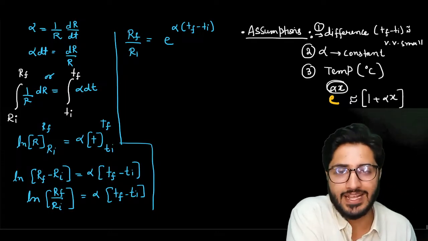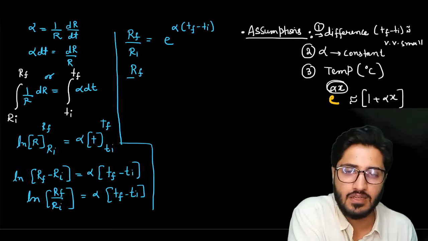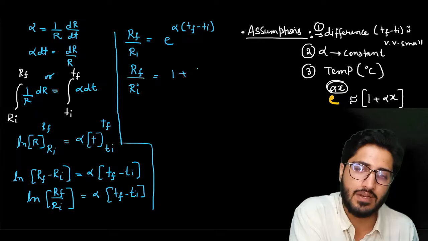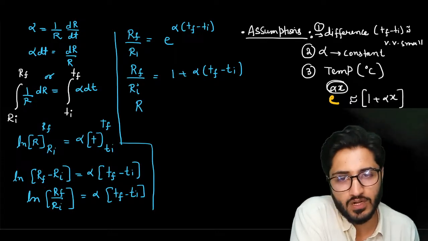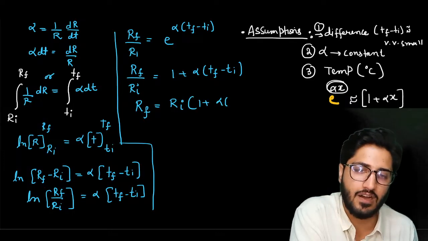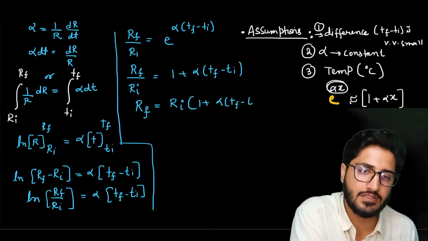So therefore I can write now R final over R initial equals 1 plus alpha (T final minus T initial). So final resistance equals initial resistance times 1 plus alpha times (temperature final minus temperature initial).